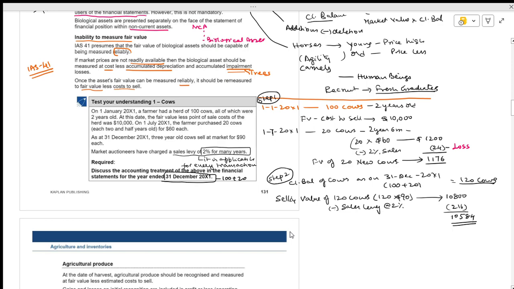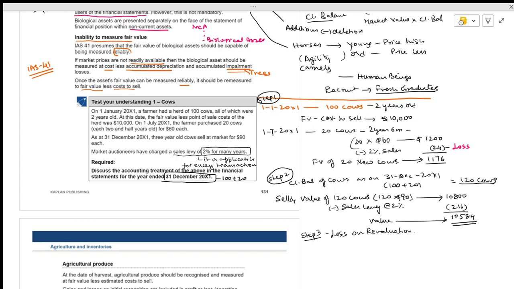Now this is the fair value. What is step 3? Loss on revaluation.